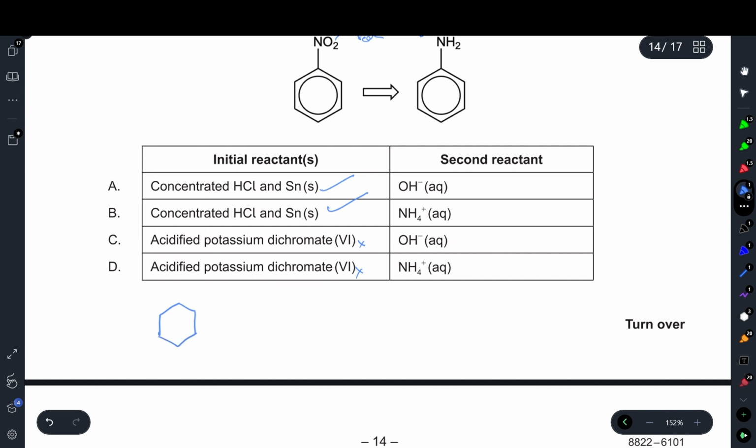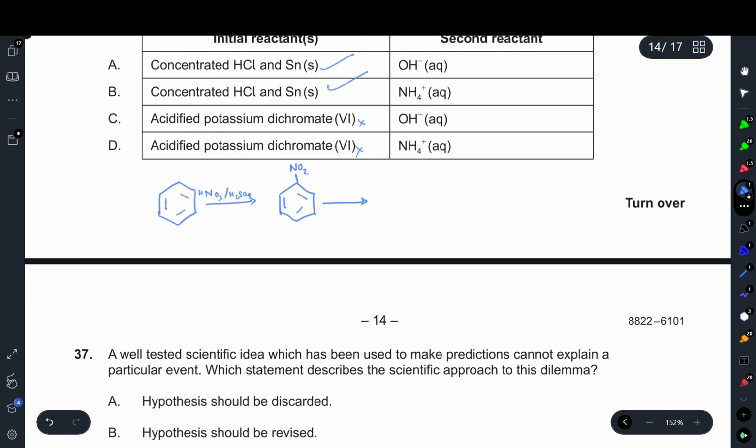Starting with benzene, adding your nitrating mixture, which is HNO3 and H2SO4, forming nitrobenzene. Now, the mechanism of this should be known to all HL students. Next, we're going to reduce this with concentrated tin and HCl, forming an intermediate NH3+.